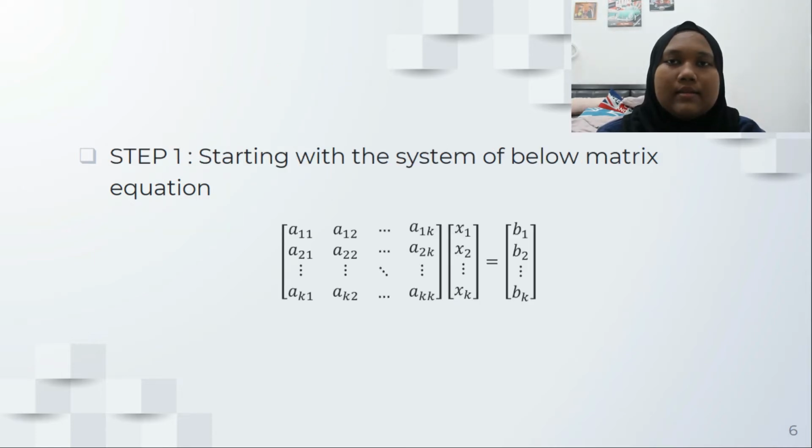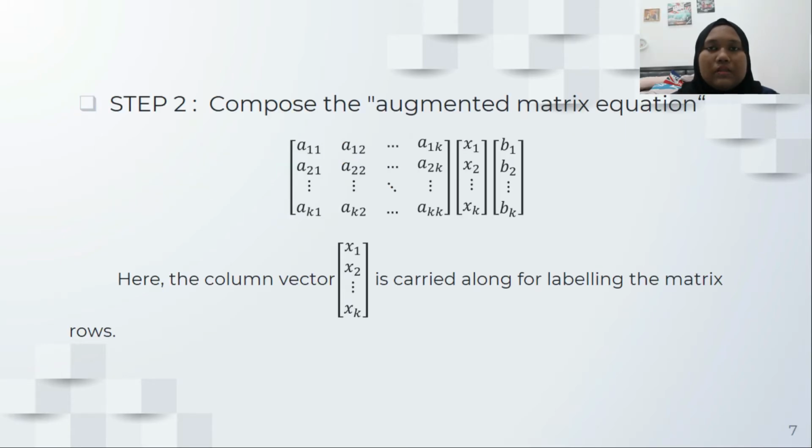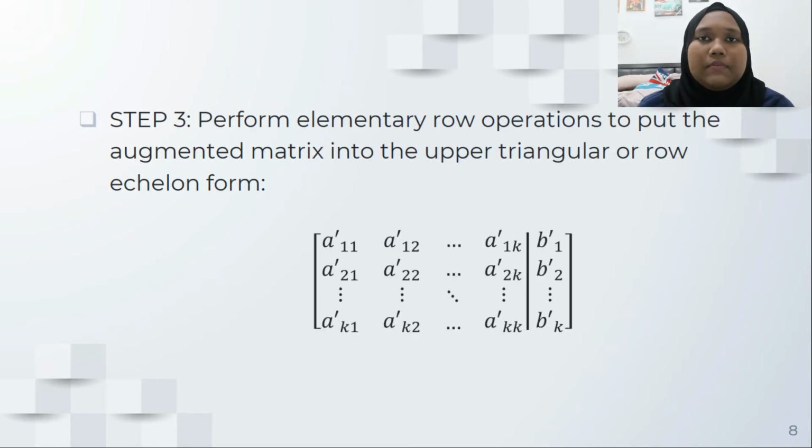Step 1. Starting with the system of below matrix equation. Step 2. Compose the augmented matrix equation. Here, column x1, x2 until xk is carried along for labeling the matrix row. Step 3.